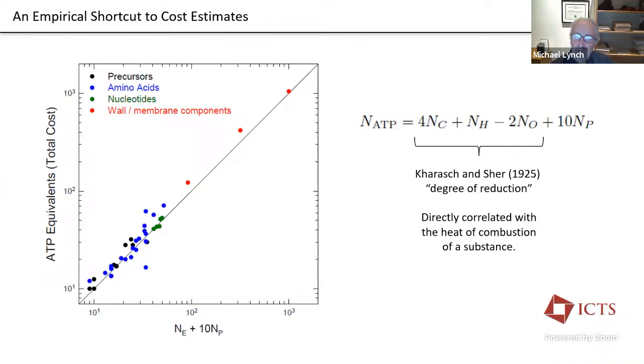And then we found that if you add in 10 weight for each phosphorus in your substance, if it happens to have phosphorus, this wouldn't be the case for amino acids, that gives you these values here on the x-axis. And the point here is that these are very, very highly correlated. This is a log-log plot, so this works really well over orders of magnitude difference in range.